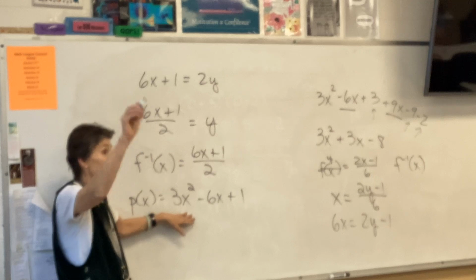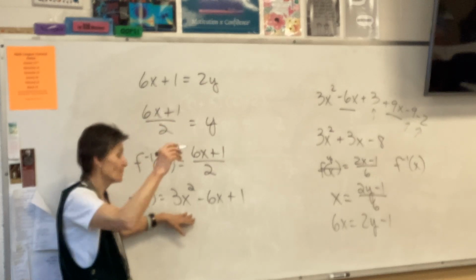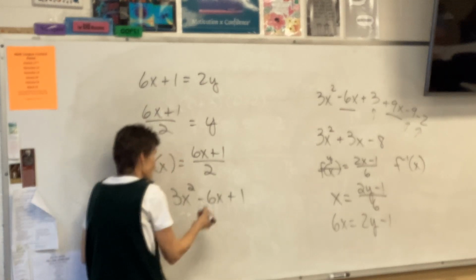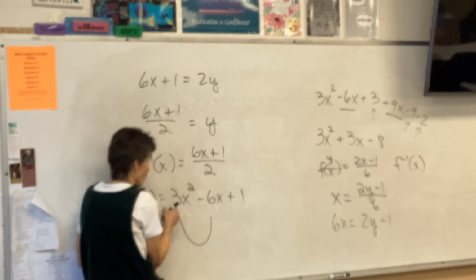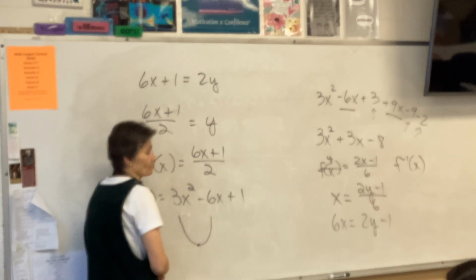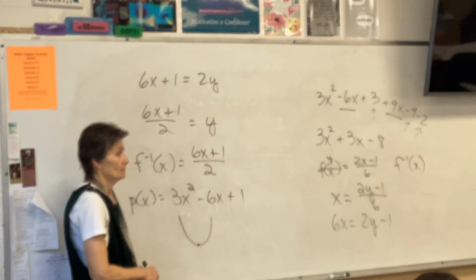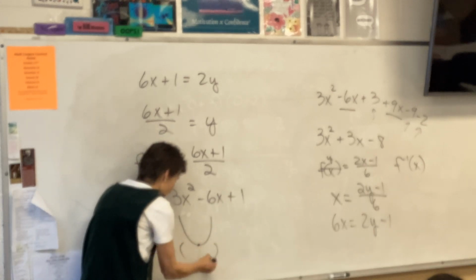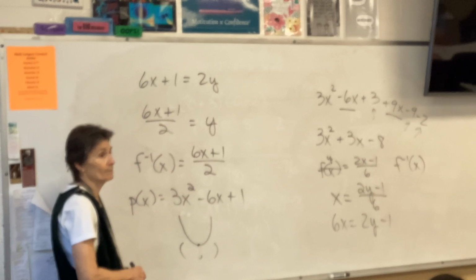Parabolas are quadratics, x squared. And because it's a parabola, by the way, opening up, it has a vertex. The vertex is a point, and we're going to find that point.